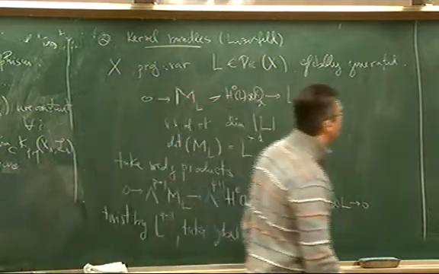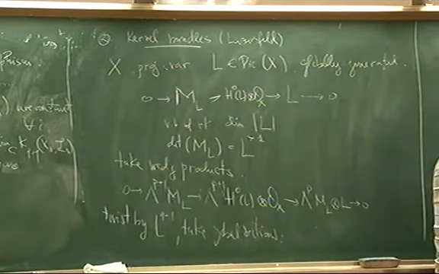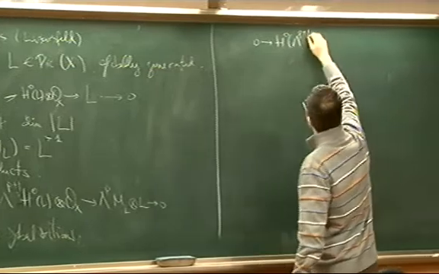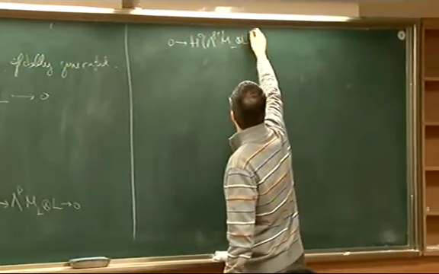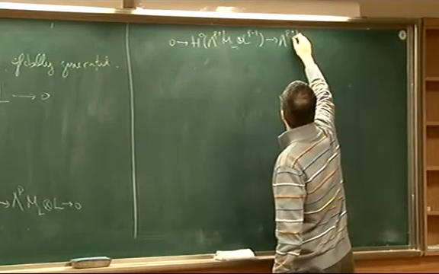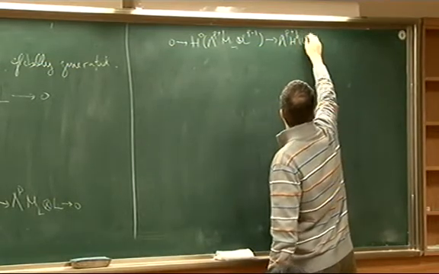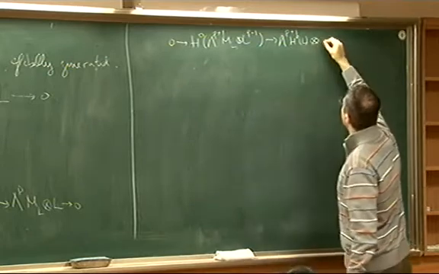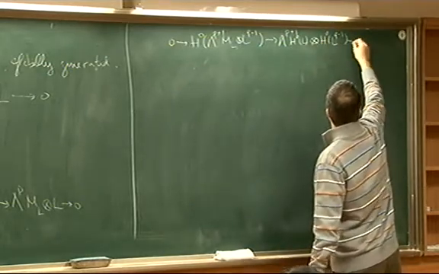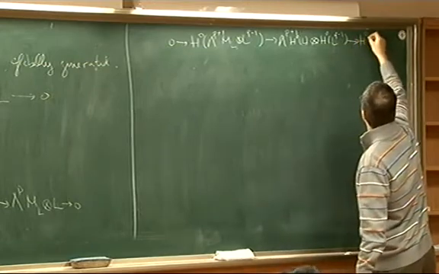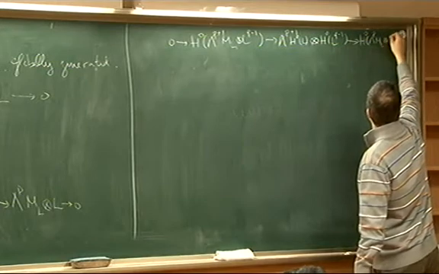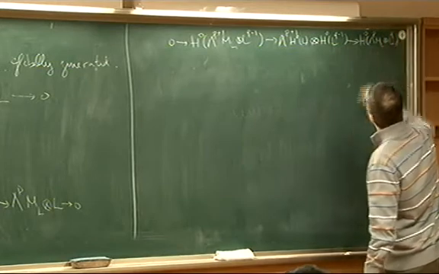And what we get is the following. 0 goes to H^0 of wedge p plus 1 ML tensor L^(q-1), to wedge p plus 1 H^0 of L tensor H^0 of L^(q-1), goes to H^0 of wedge p ML tensor L^q.